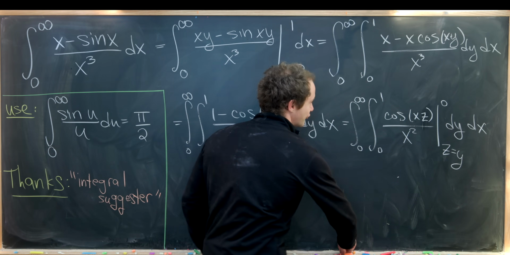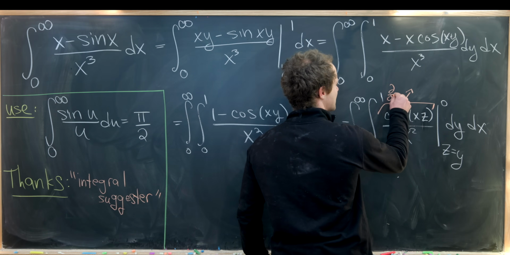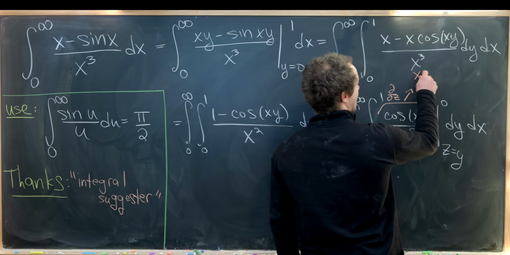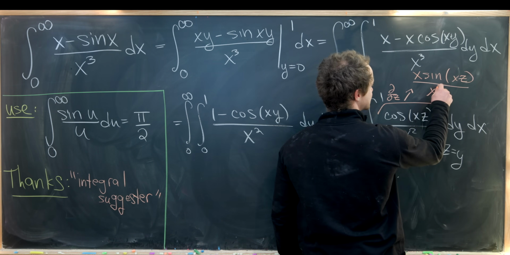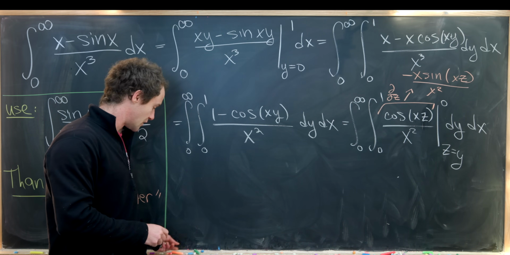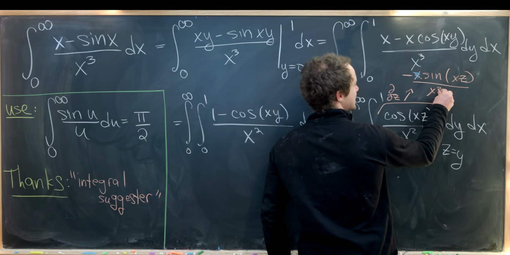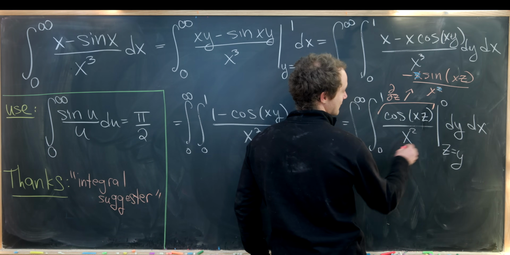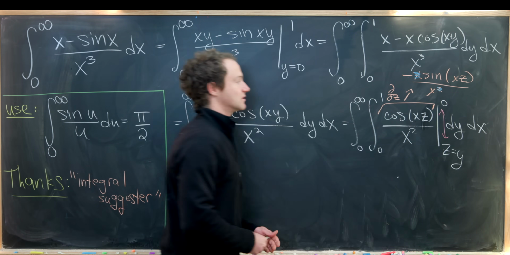Now we can take the derivative of this with respect to z. So let's write that out real quick. That's going to bring another x down in front, and then we'll have the sine of x times z over x squared, but we'll also have a minus sign because the derivative of cosine is minus sine. Well, I can take this x right here, cancel this exponent out, and then I can take this minus sign and use it to flip the order of the bounds of integration.